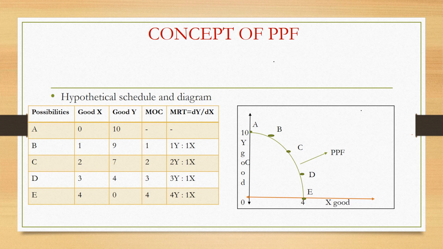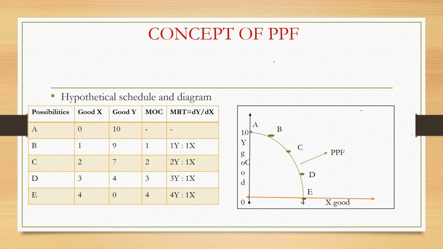Possibilities are given: A, B, C, D, E. Five possibilities are given. Good X in the first possibility is 0, second possibility 1, third 2, fourth 3, and fifth 4.